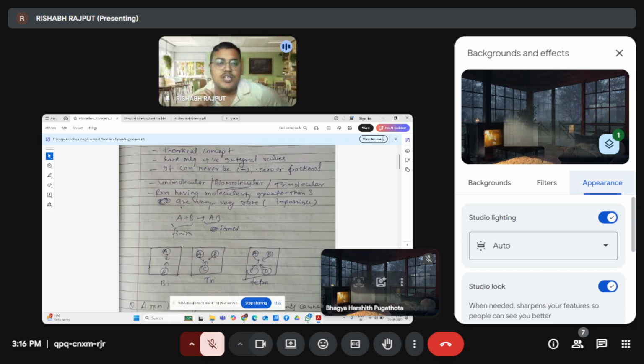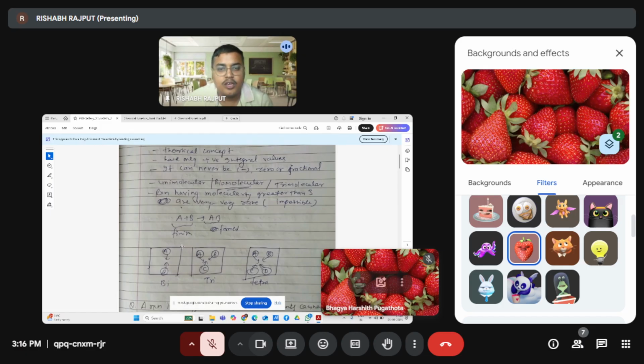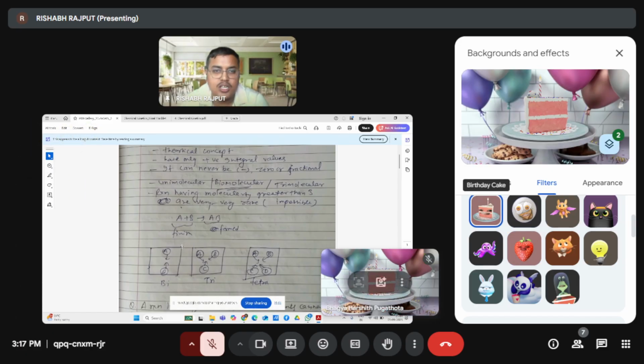That is a very rare chance. In general life, four cars colliding at one time is very impossible. But two cars colliding at one time is normal. Three, four, and five colliding at one time is very impossible. So that is why bimolecular is general.